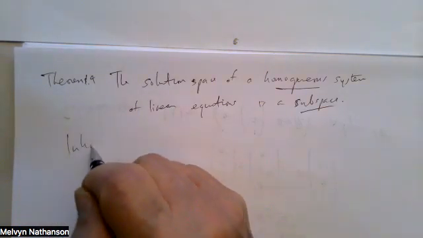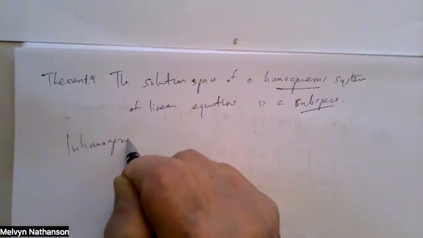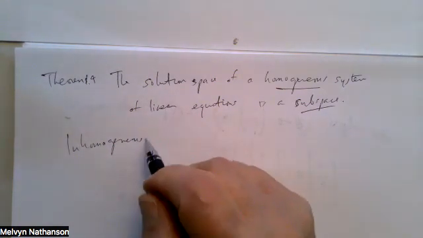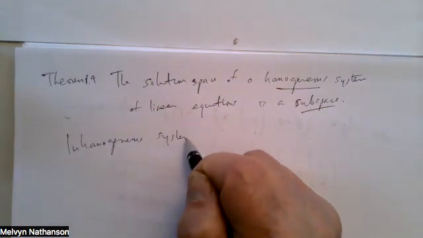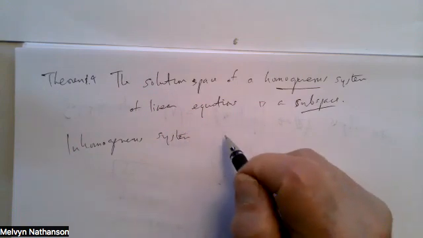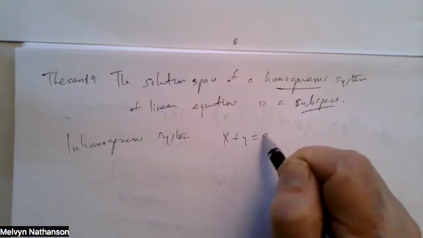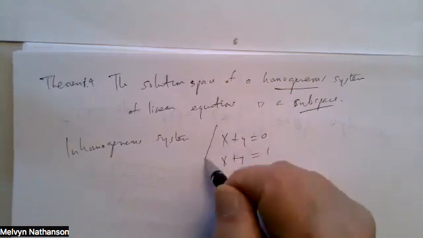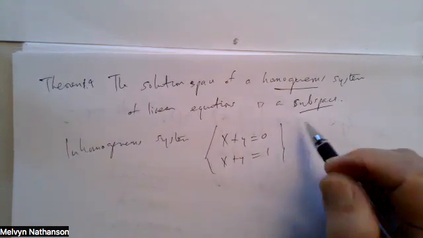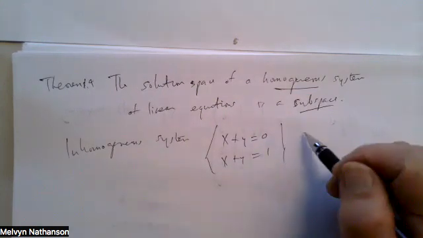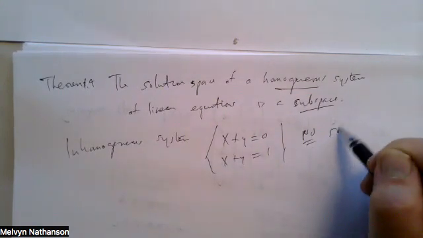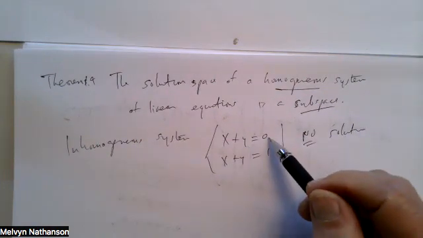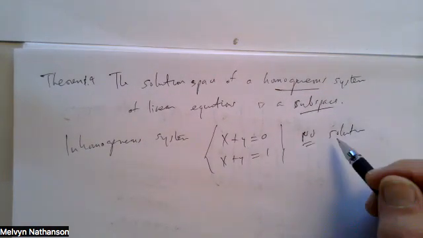Now, for a system of inhomogeneous equations, there's one strange thing that can happen. Suppose we have the system of equations x plus y equals 0, and the second equation is x plus y equals 1. So this system has no solution, because x plus y can't be equal to 0 and 1 at the same time.